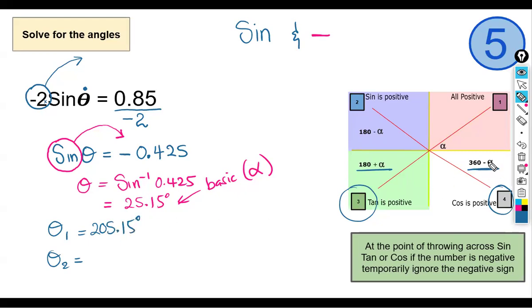Now use the one in the fourth quadrant. 360 minus 25.15 is 334.85 degrees. Look for your errors. I even underlined which formulas you need to use, and I circled the quadrants that we need to use as well.